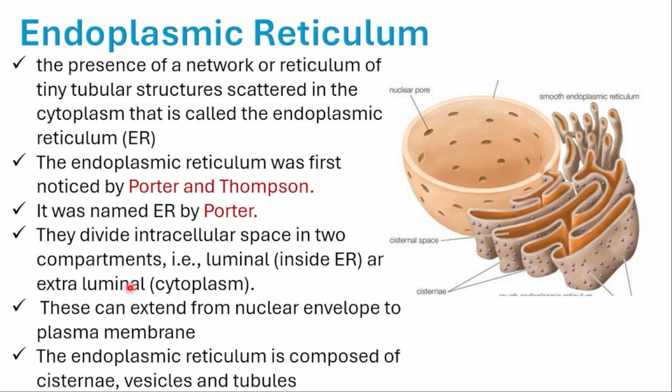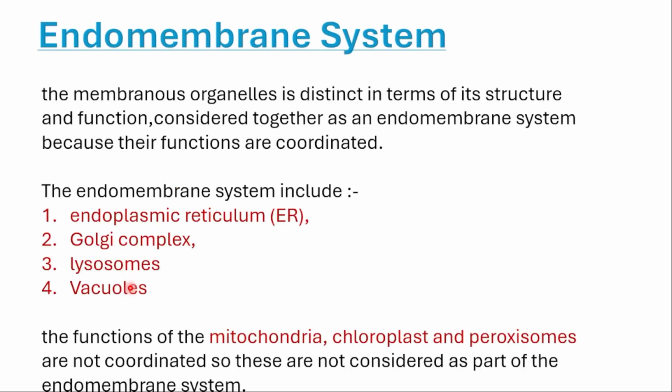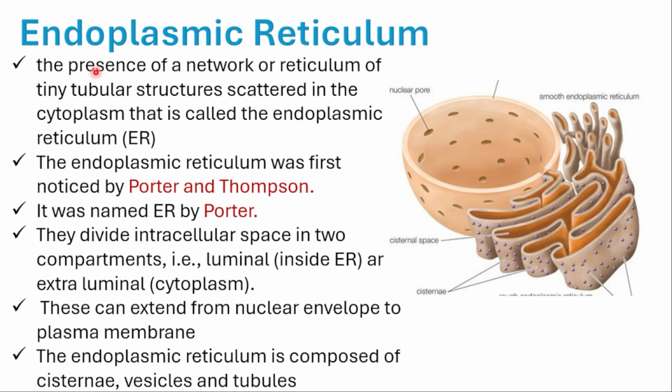Endoplasmic reticulum is the first organelle of the endomembrane system. The presence of a network, or reticulum, of tiny tubular structures scattered in the cytoplasm is called the endoplasmic reticulum. See, this is the nucleus, and from the nucleus there is a network of tubules scattered.